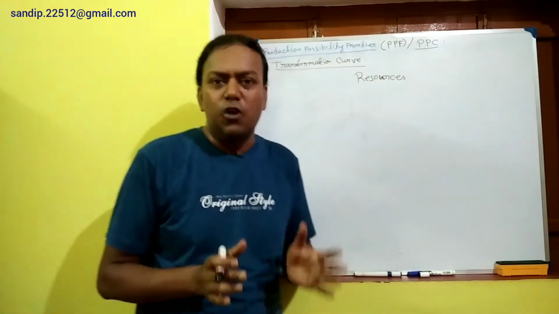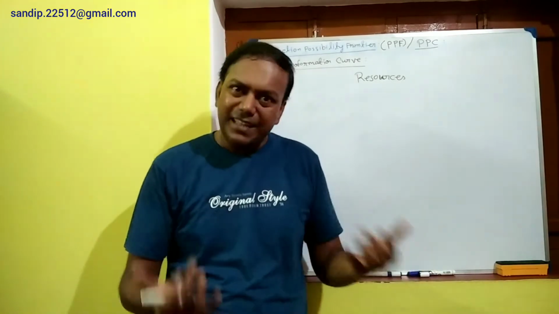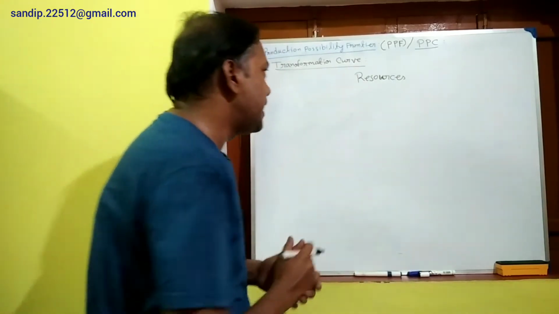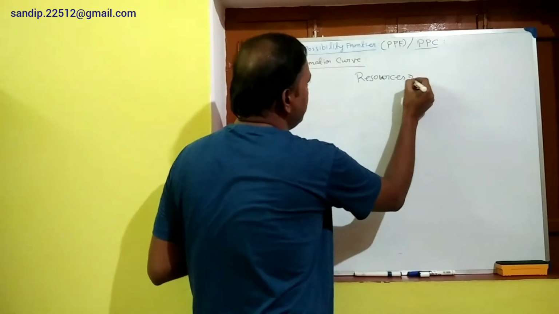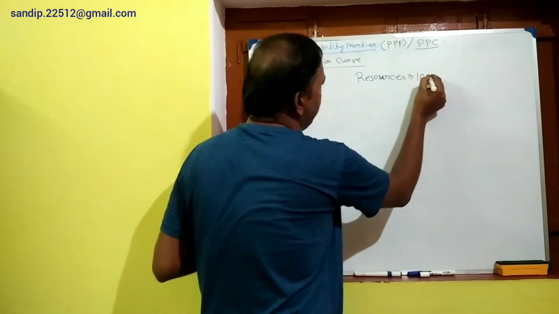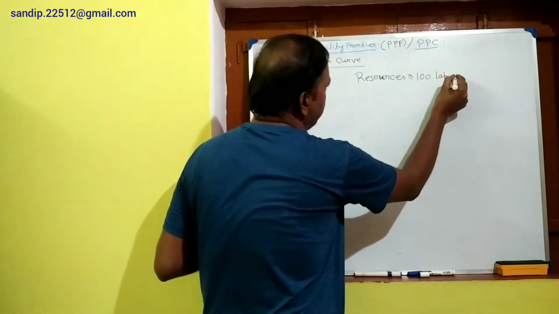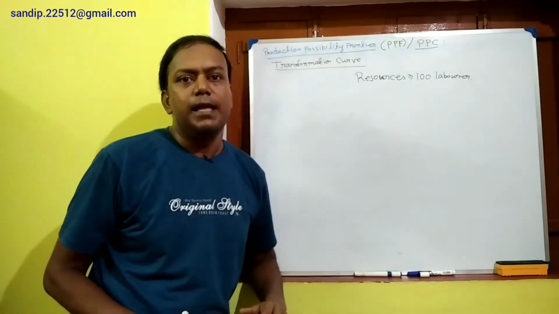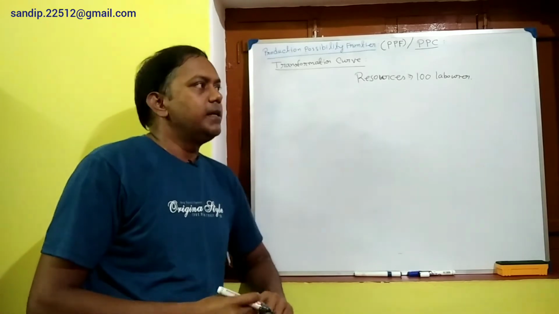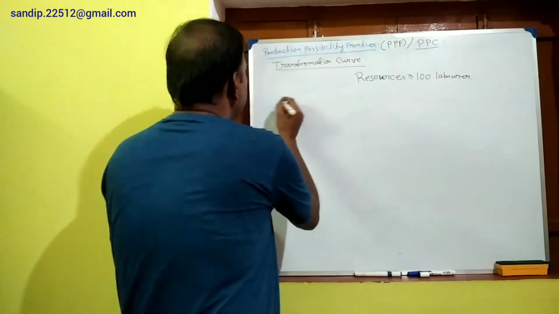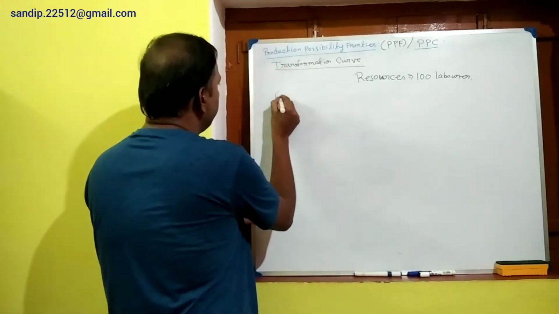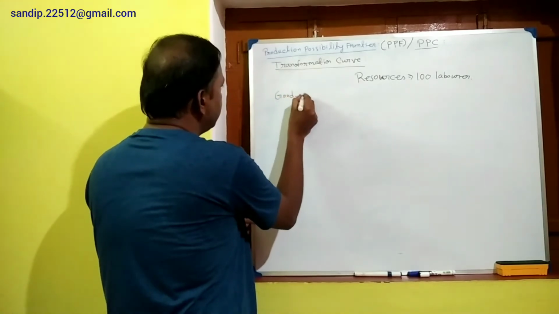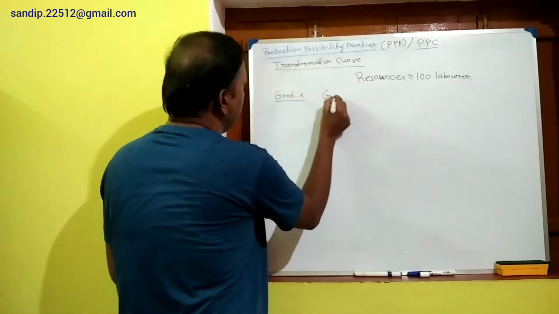That is not particularly defined, but for your understanding I am assuming that in the economy there are 100 laborers. So these are the resources. Now with these resources, let the producer produce two commodities, good X and good Y.